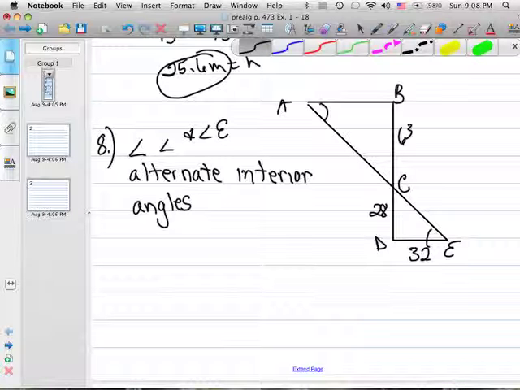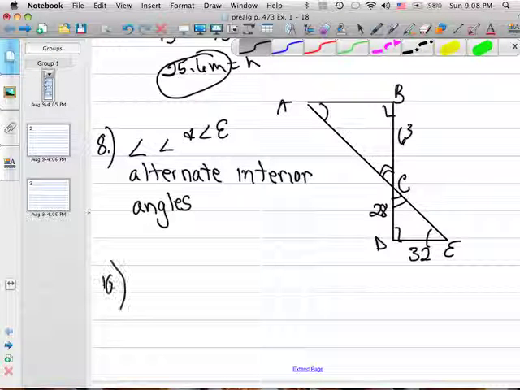So we actually end up with two similar triangles because these two angles are equal and these are right angles here. So all the angles are equal, congruent, therefore these are going to be two similar triangles, and we can use proportions to solve this.